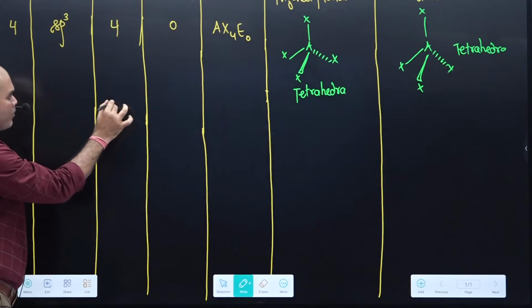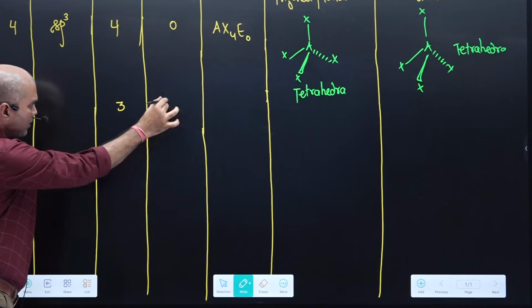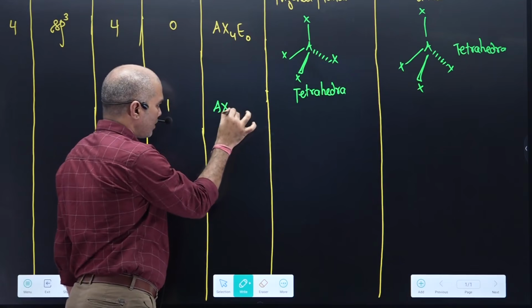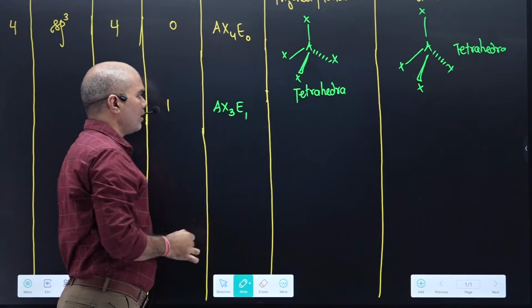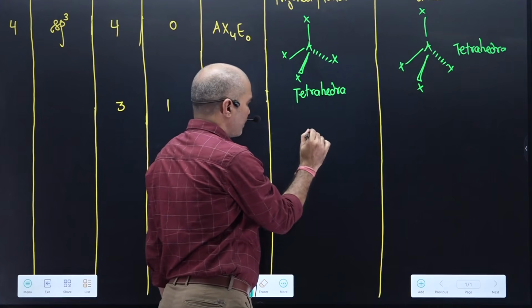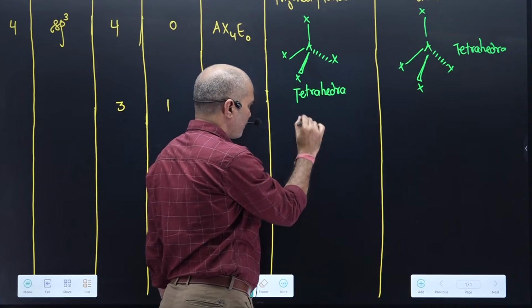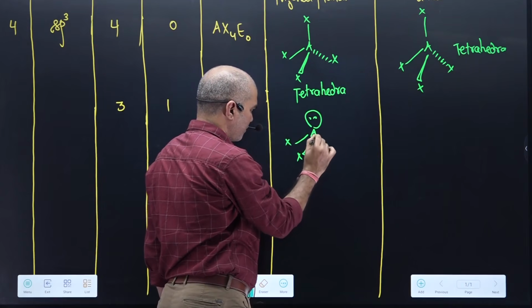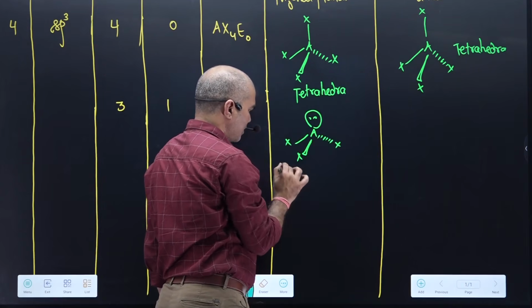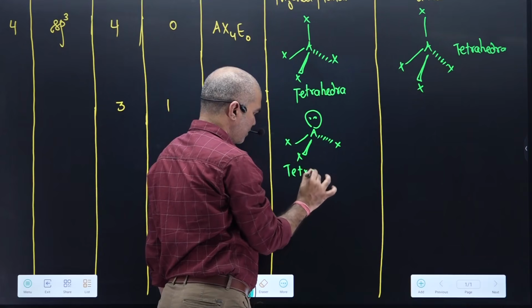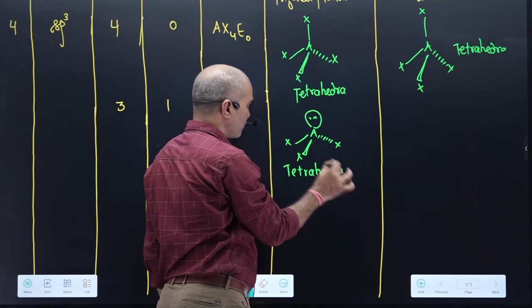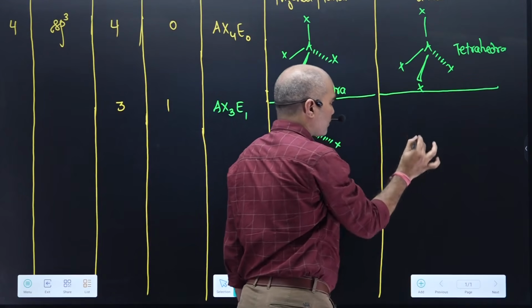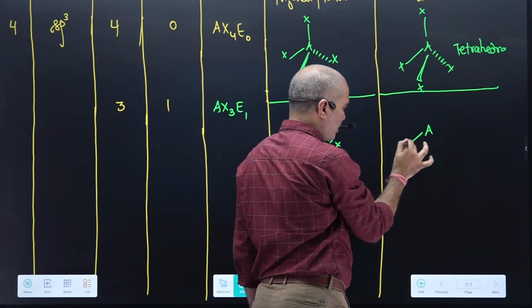Then for the same steric number, let us take 3 1. 3 1 becomes AX3E1. Geometry is tetrahedral. In this case, I should not draw the lone pair.